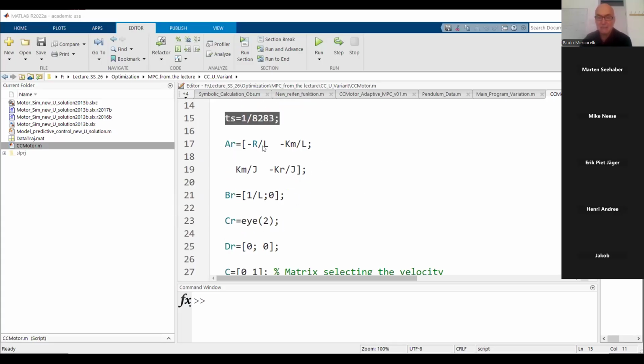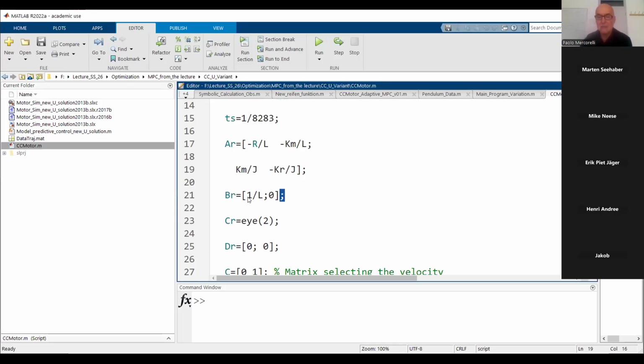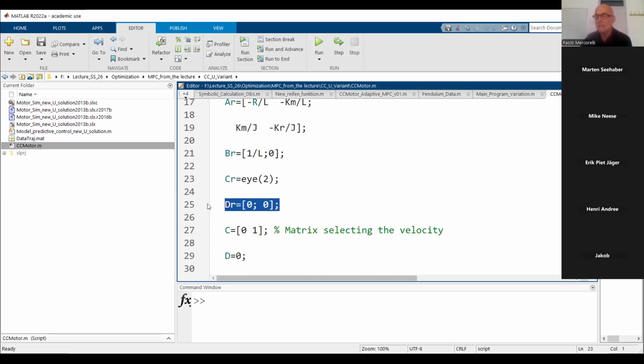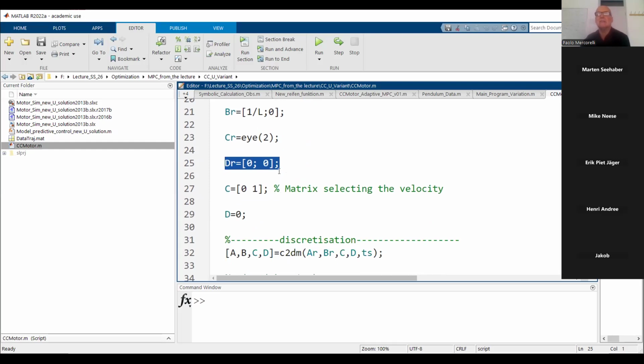Anyway, matrix A continuous, matrix B continuous, C 2 times 2, matrix D, even though we know that it is 0, the matrix of the connection between input and output in the output equation.